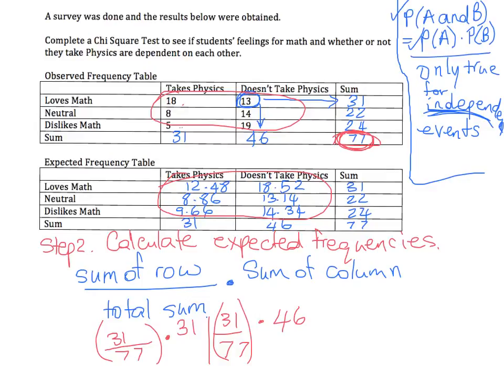We have 18 here and we have 12 here. We have 8 here, but that one's kind of close. So some of them are kind of close, some of them are not. So how do we know whether or not they're close enough to say that this is independent, or far apart enough to say they're dependent? Well, that's what the next step is for.